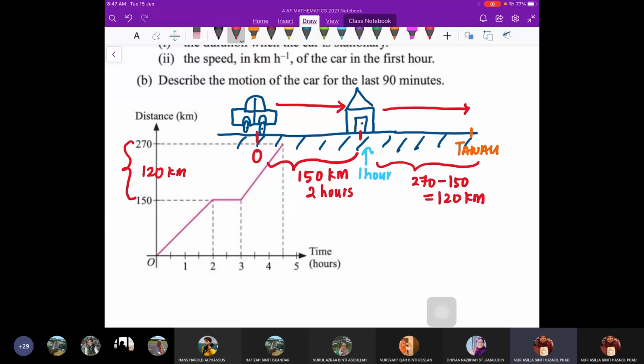So jarak daripada tempat rehat dia pergi ke Tawau 120 km dan dia ambil masa 1.5 hours. Okay, faham? Bukannya jarak daripada tempat rehat dia pergi Tawau tu adalah 270. No. 270 refer kepada daripada titik kosong ni. Mana dia mula sehinggalah ke destinasi.